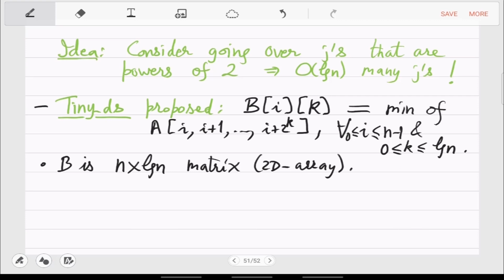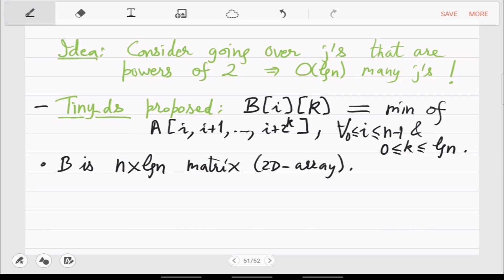It is not much bigger than what your input array A was. So this is just a proposal. We have not really worked out anything here. We have just decided that we'll store these j's. I mean, we are pre-processing the answers of these i comma j, but these are special j. It's not all j. These are j's such that j minus i is 2 raised to k.